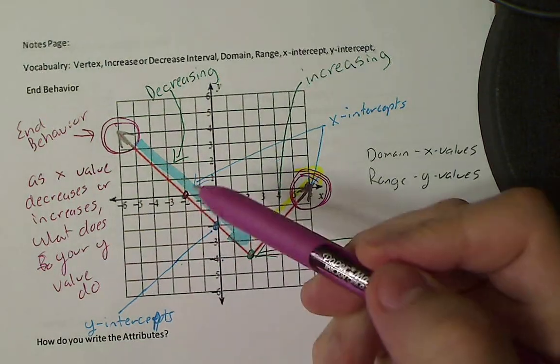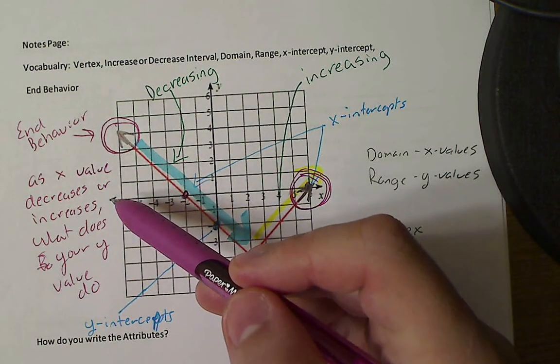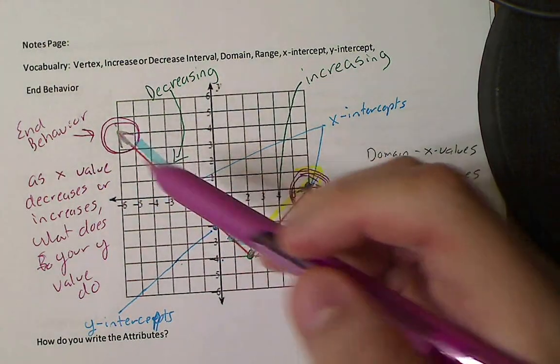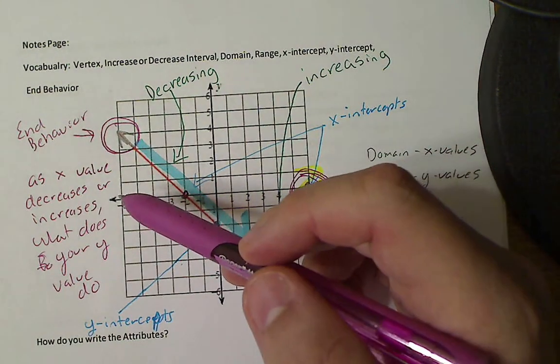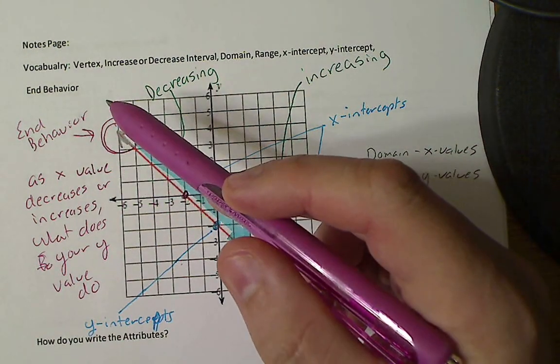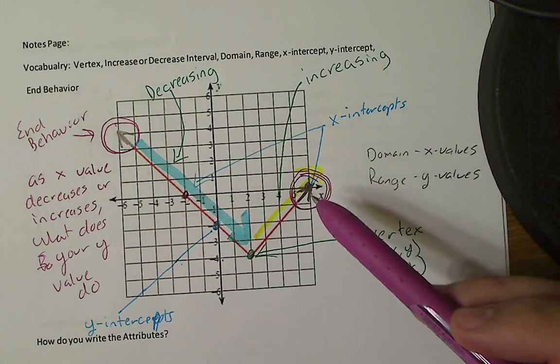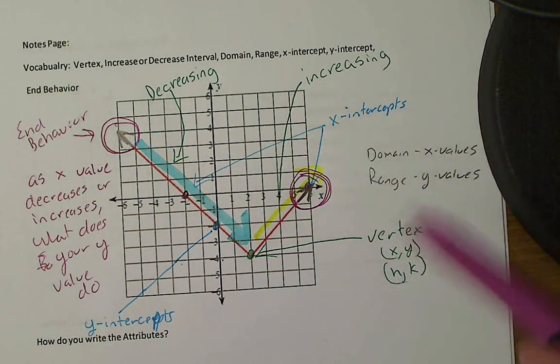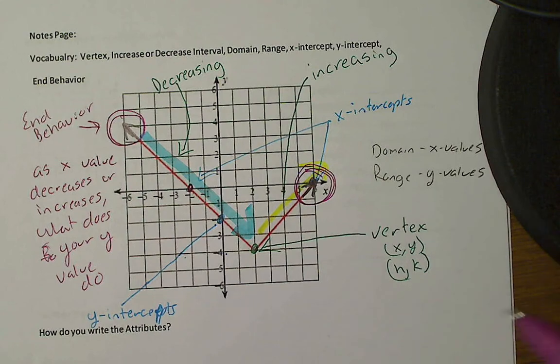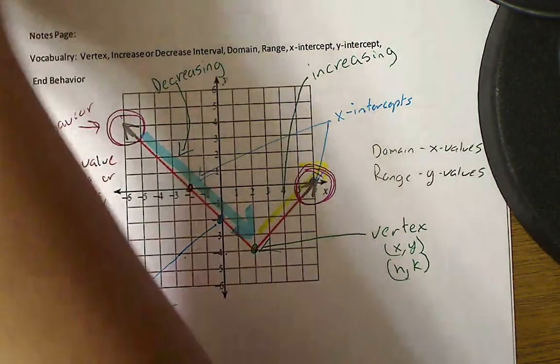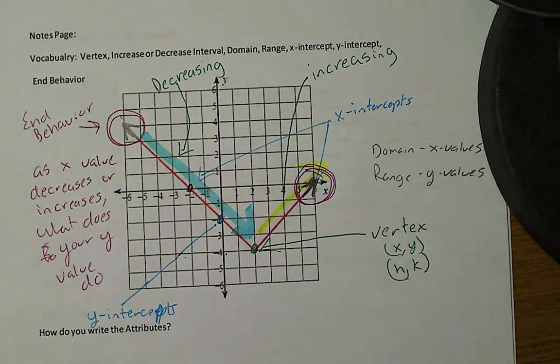So as your x value is going this direction like this, what is your y value doing here? So like here, in this case, my x value is decreasing, while y value is actually increasing. On this side, my x value is increasing, my y value is also increasing. Okay, and I'll show you how that works. And the cool thing is there's only 4 options for this. So the one thing I want you to do with these all the time to help you out with these two particular concepts is this.